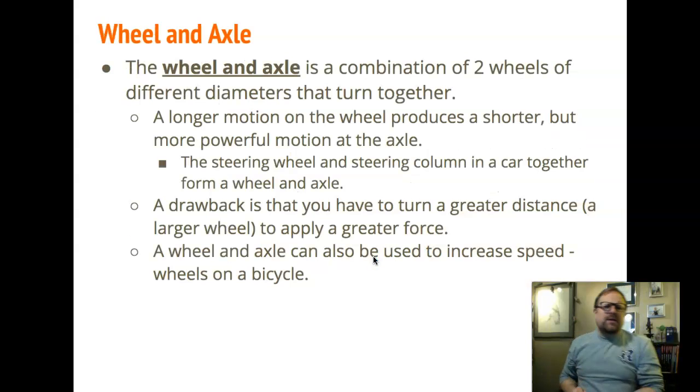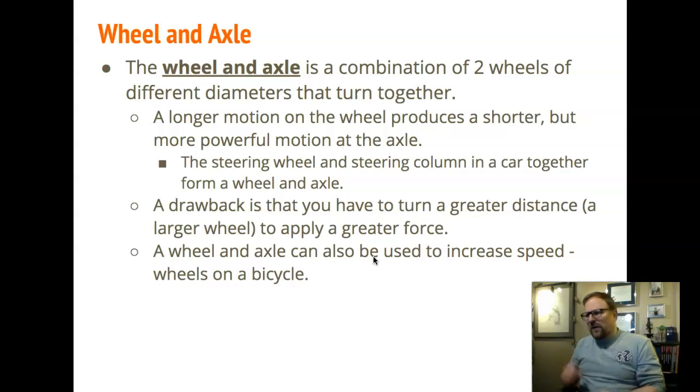The last one is a wheel and axle, and a wheel and axle is a combination of 2 wheels of different diameters that turn together. Okay. What happens then is a longer motion on the wheel produces a shorter, more powerful motion on the axle, or vice versa. Okay, so think of the steering wheel and the steering column in a car.